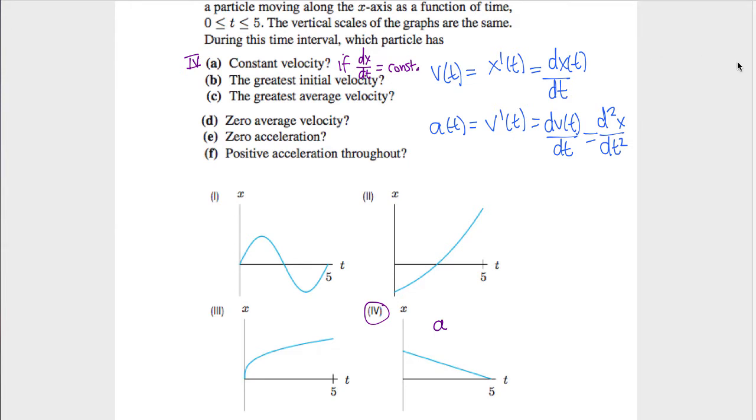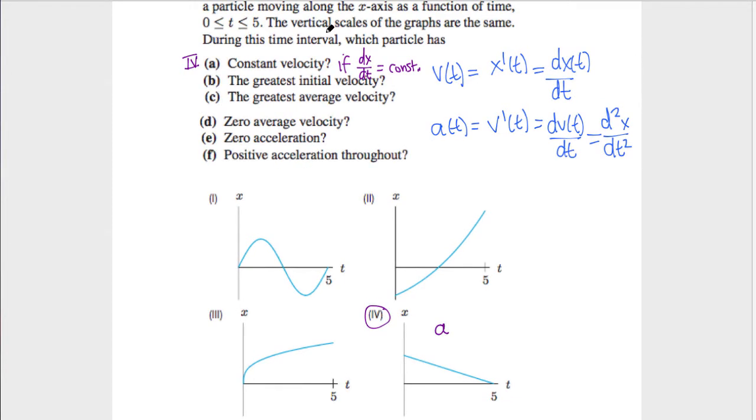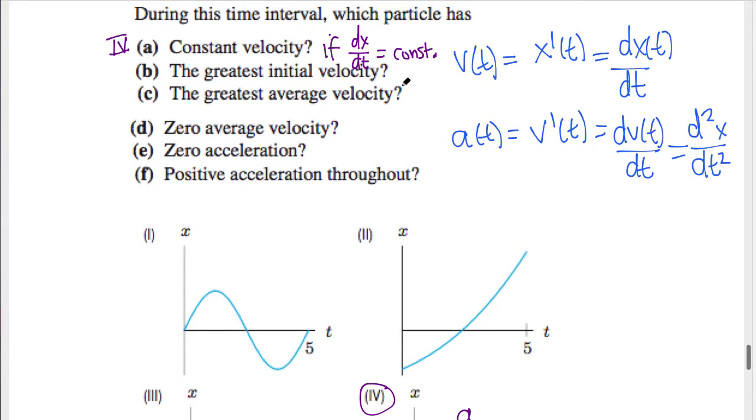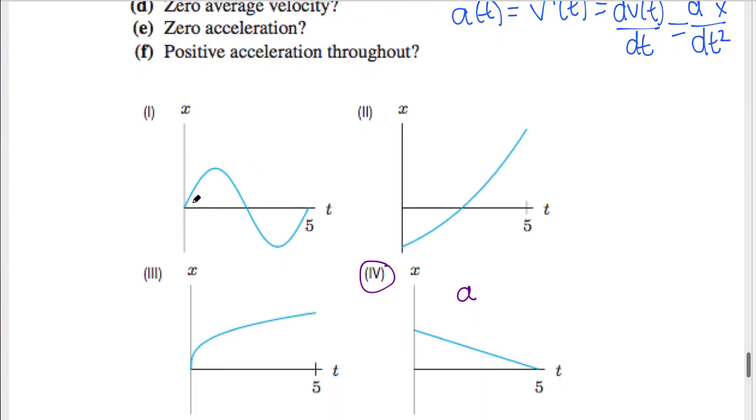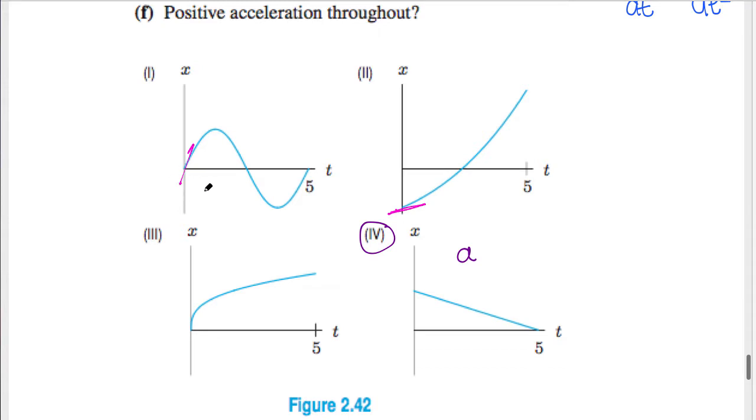Now, which has the greatest initial velocity? So here we want to know about dx/dt at time 0. So we want x prime of 0 to be the greatest. If I look at this, the first graph has a pretty positive slope. The second graph has a positive slope, but it's not as steep as the first graph.